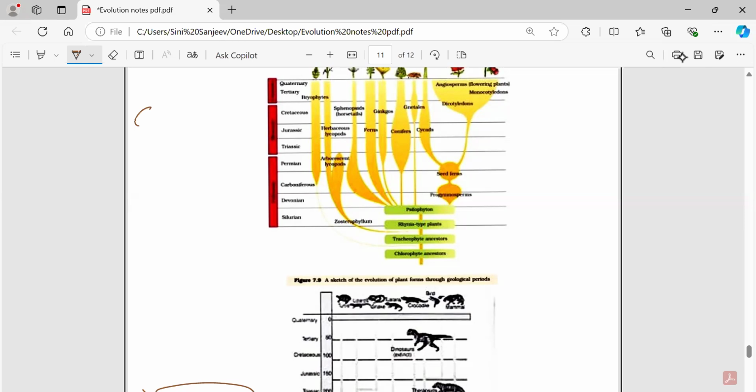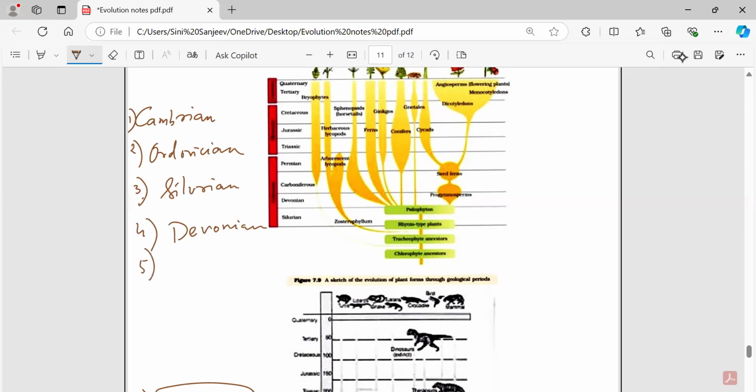So the first one, as I told you, six periods, this Paleozoic era has been divided into. The first one is the Cambrian. Then the second one, Ordovician. Third is the Silurian. This is all depending upon the variations. Then you have the Devonian. Then the Carboniferous. And the sixth one you have is the Permian.